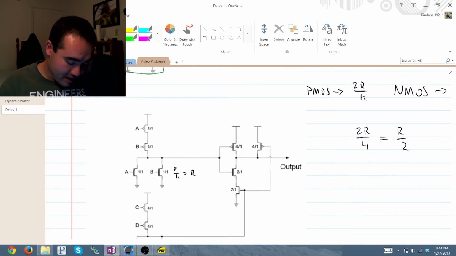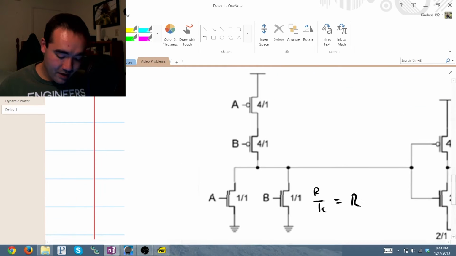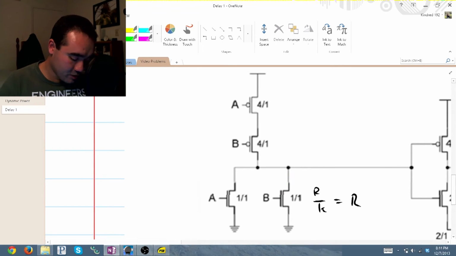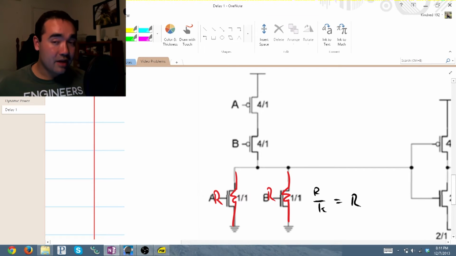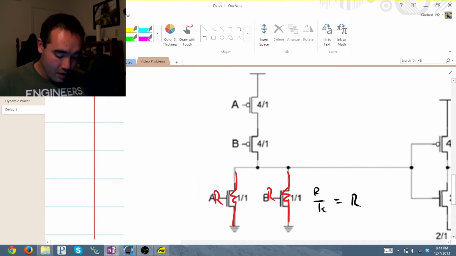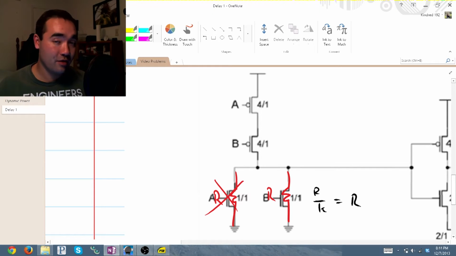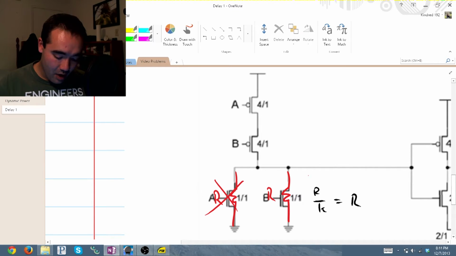Let's zoom back in. Now, as I said, let's use a different color that will show up. This equivalent resistor has a value of R. So does this. Now, because we're only looking at worst case scenarios, we're just going to look at one of these since they're in parallel. So, our pull-down resistance is equal to R.